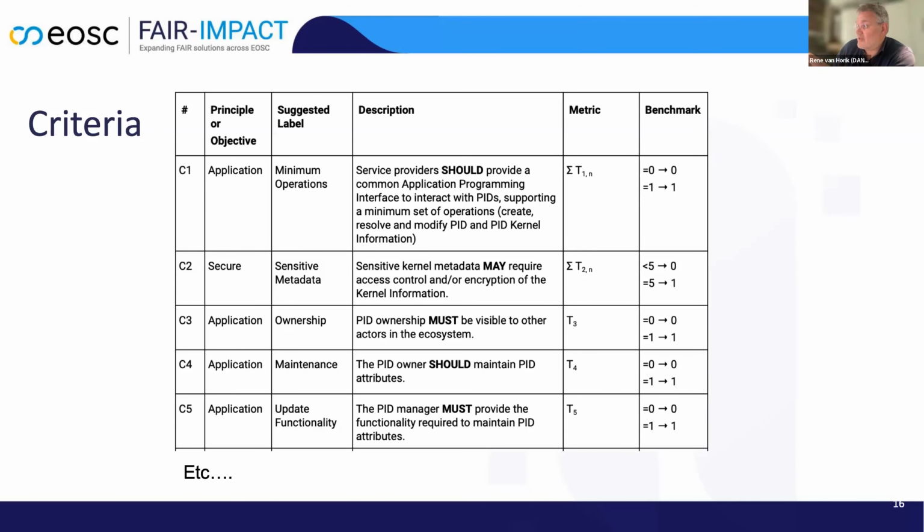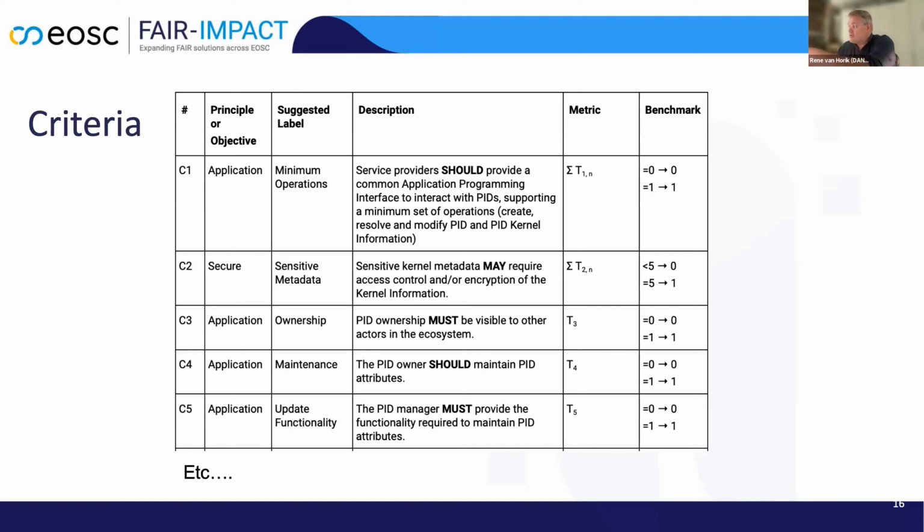If the PID ownership is not visible to other actors in the ecosystem, it will not pass the compliance assessment, because it must do this. Also criterion number 5: the PID manager must provide the functionality required to maintain PID attributes. If not, it will not pass the compliance assessment.